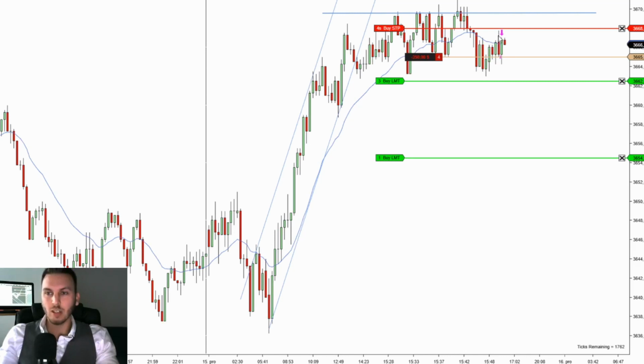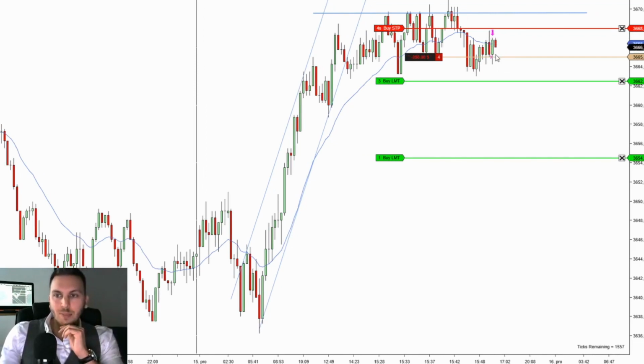This is a two-legged pullback to the EMA, market moves into it. So it is a second entry short and a gigantic bearish reversal bar. This is the kind of bar I want to see. It makes me question if I maybe got trapped, because look at this bullish reversal bar. It is fairly bullish.